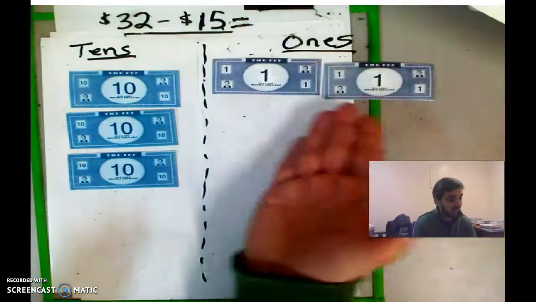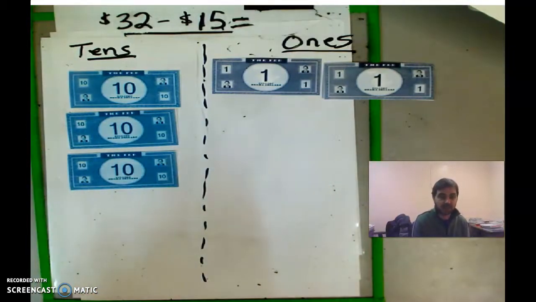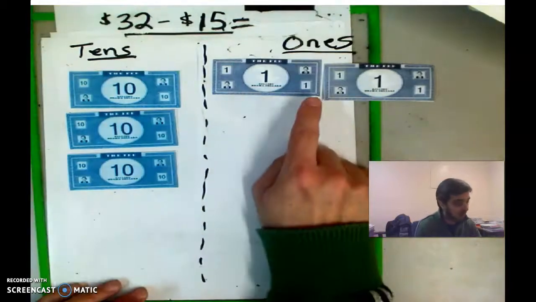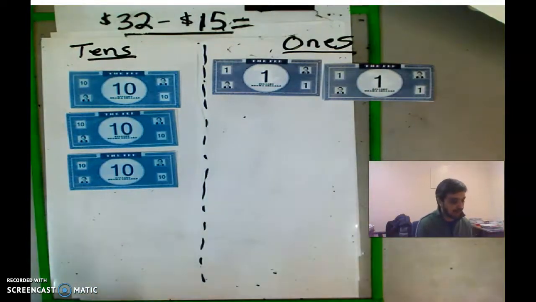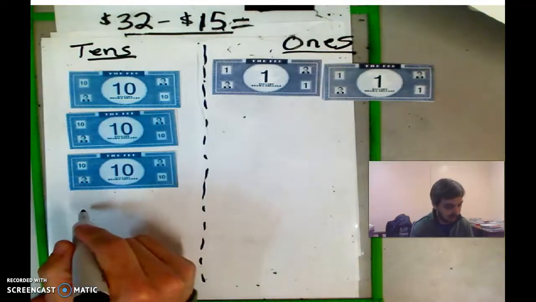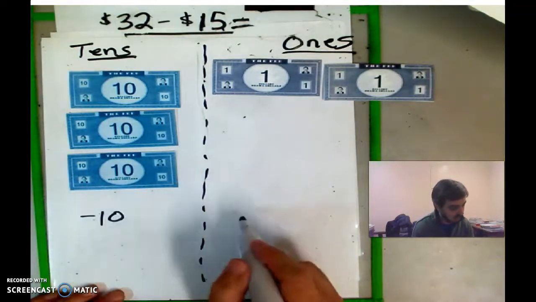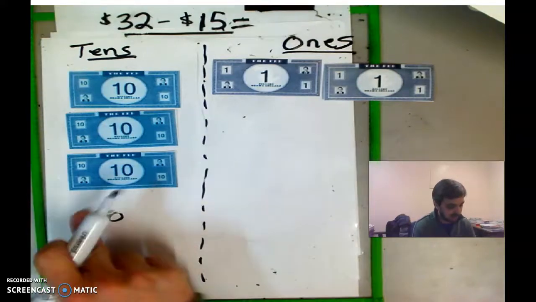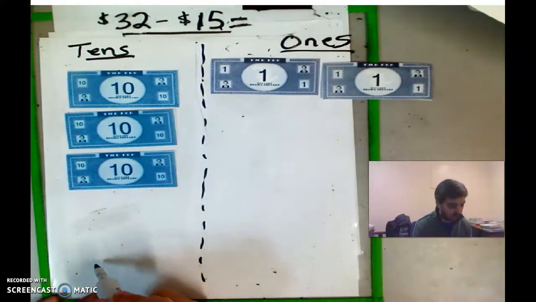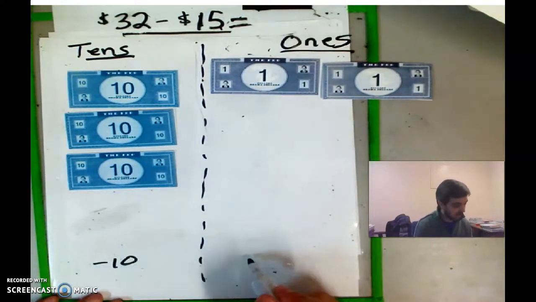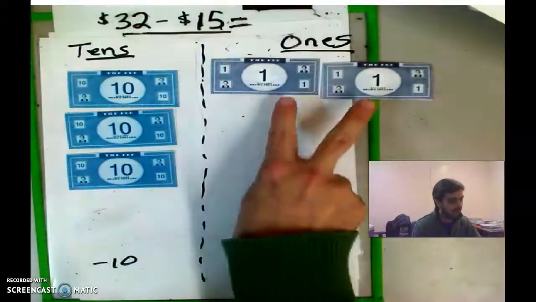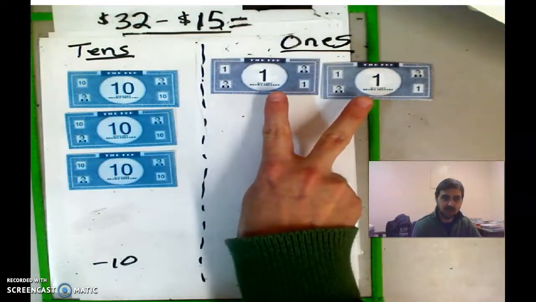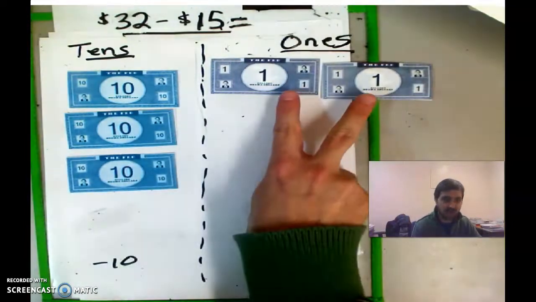But if I want to give them exactly $15, I'm going to take away 10 and take away 5. But I can't give them exactly 15 because I only have 2 ones, right?